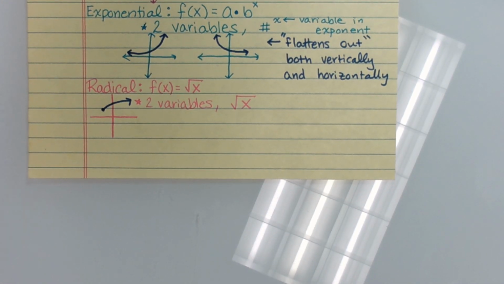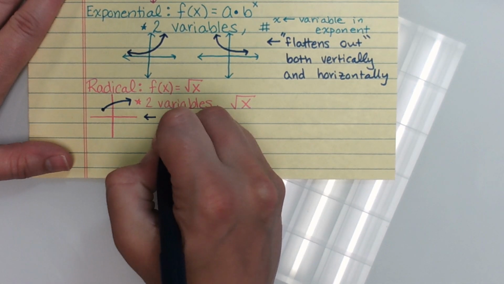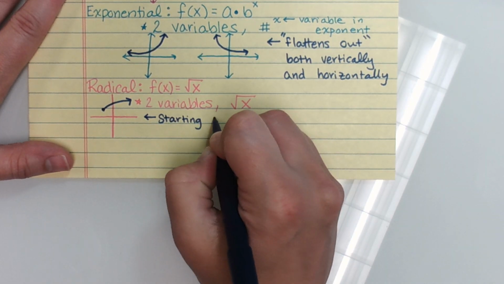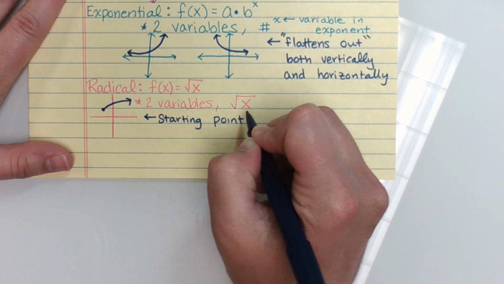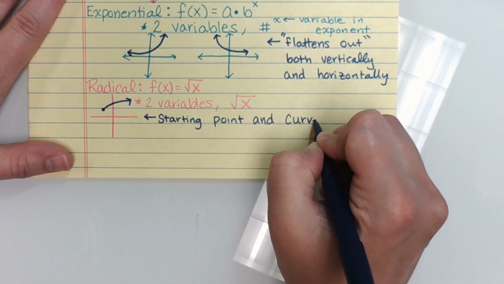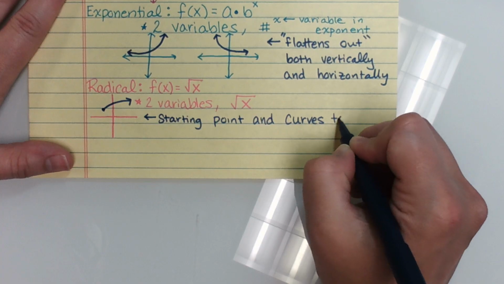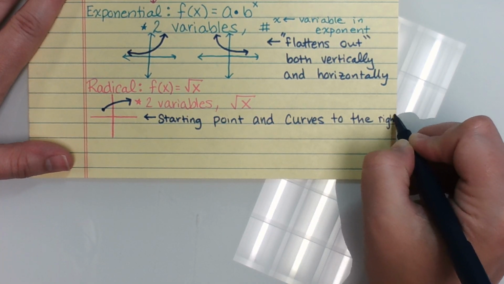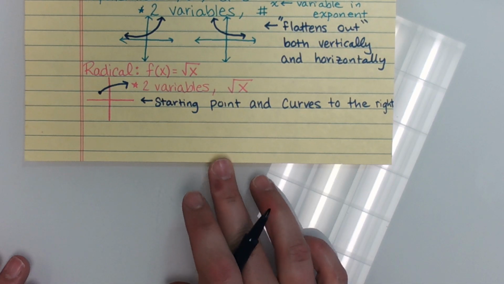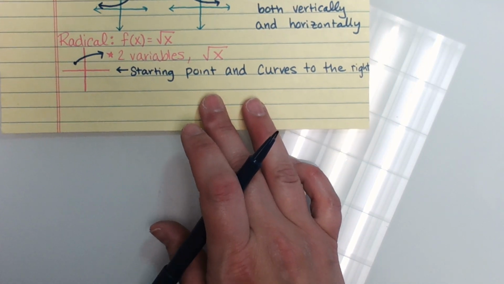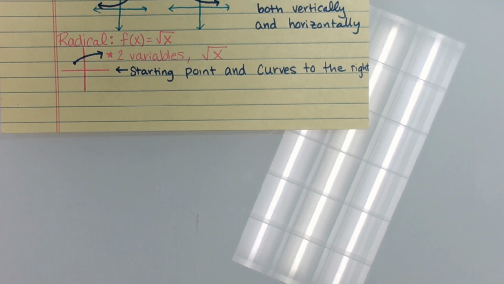It's got a starting point. And then it kind of curves to the right. There are very few instances where it will curve off to the left. We're just not going to talk about them because 99.9% of the time, there's no real application of that.